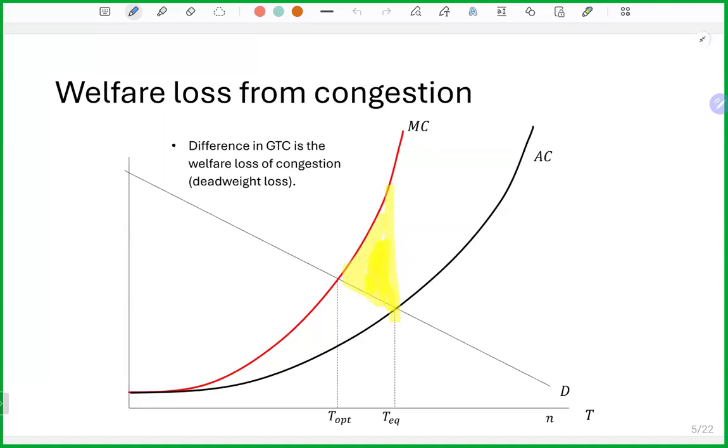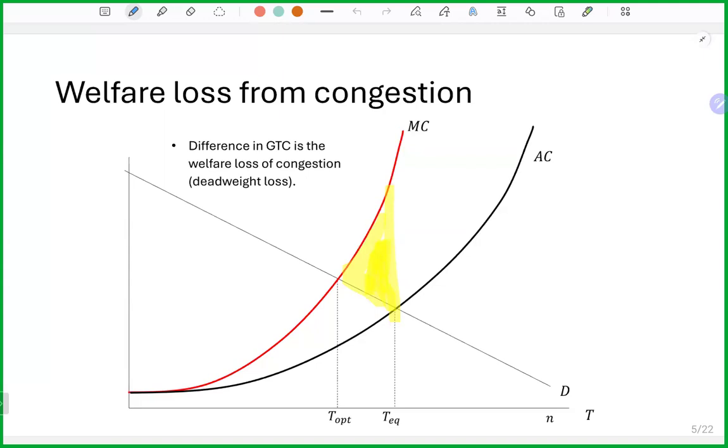Economists wanted to quantify it to see whether traffic congestion is really a big problem. So they used data from highways to econometrically estimate the demand function, demand curve, and the cost curve. Then they were able to quantify the triangle area, and they found that the area is substantial, so traffic congestion is a substantial social problem.